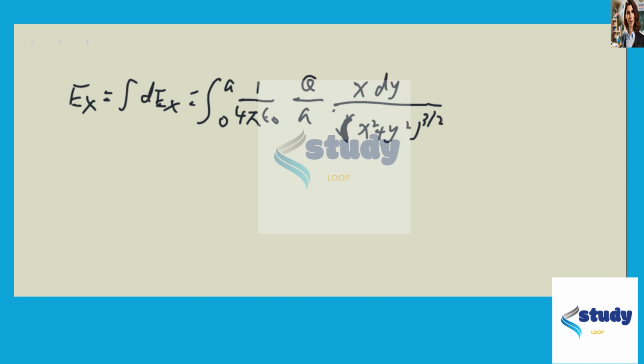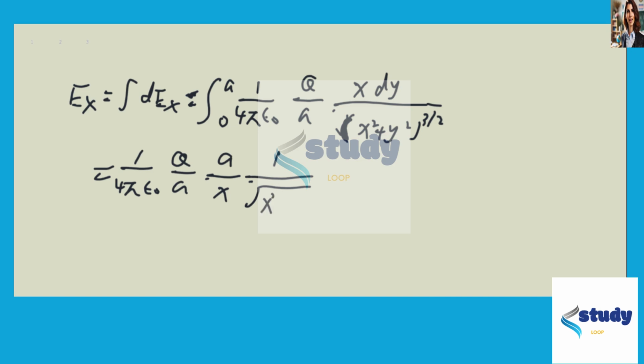You can use many ways to do this integral. I'll skip the mathematics here, and I'll just give you the result. This equals 1/4 pi epsilon naught Q over A times a over x times 1 over square root of x squared plus a squared.